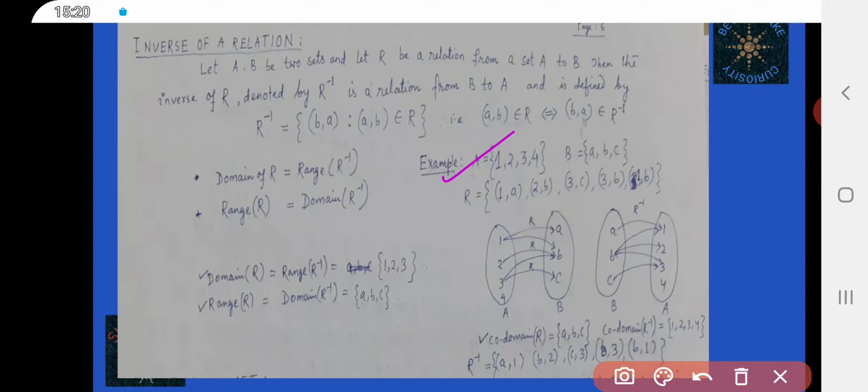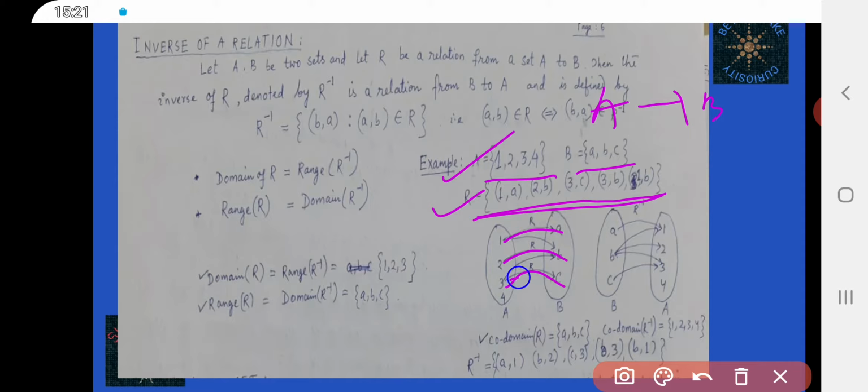Now see the example. A set contains 1, 2, 3, 4. B set contains A, B, C. So R is a relation from A to B. Here 1 is related to A, 2 is related to B, 3 is related to C, 3 is related to B, and 1 is related to B again.